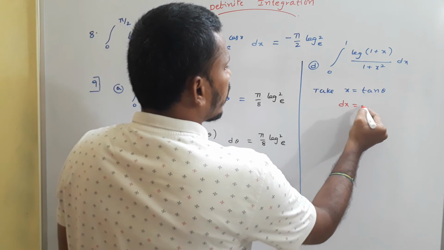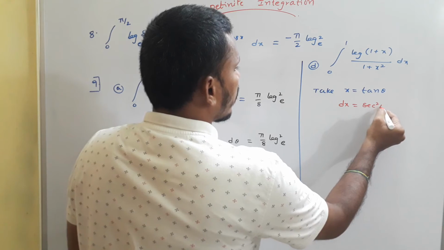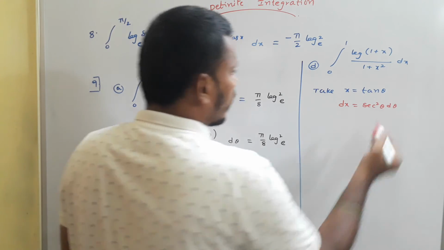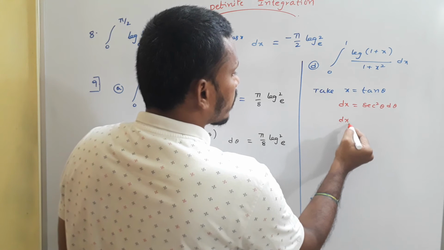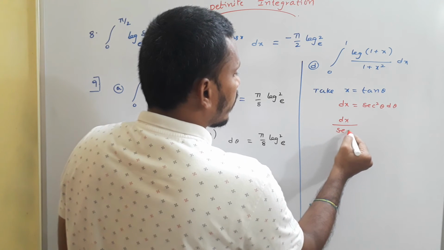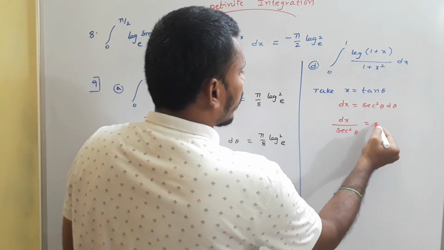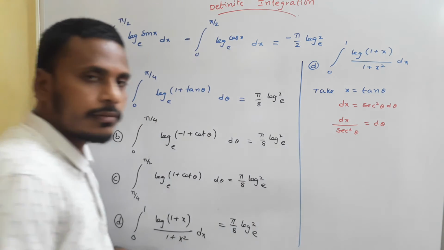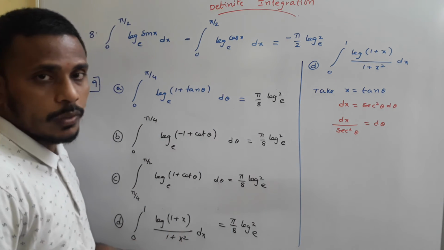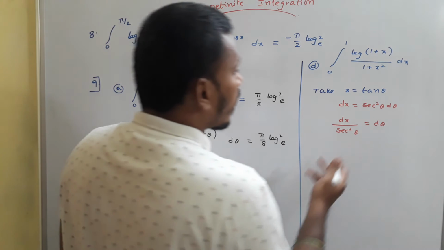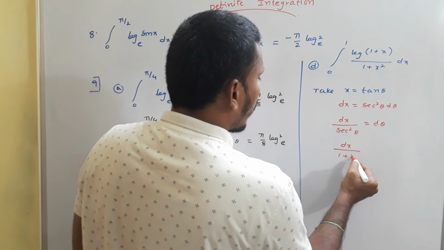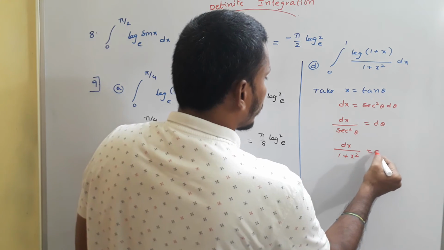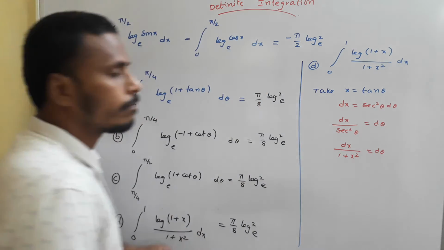If you differentiate, dx is equal to secant square theta d theta, and dx divided by secant square theta is equal to d theta. Is it right? Now what is secant square theta? Secant square theta is 1 plus tan square theta. So dx divided by 1 plus x square is equal to d theta.